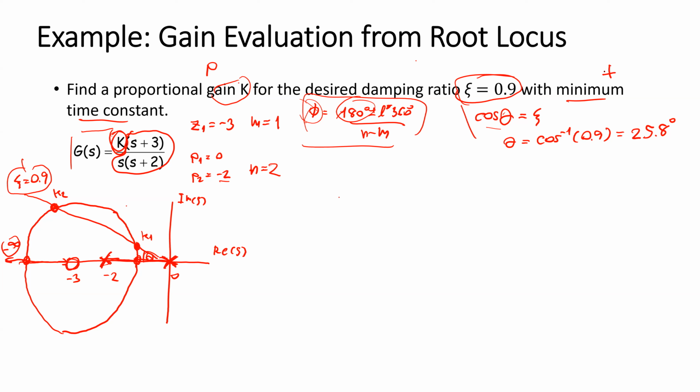But the second requirement is we want the minimum time constant. Minimum time constant means the system should be as fast as possible. If we have two solutions between K1 and K2, the value on the real plane is minus zeta omega n, and the value on the imaginary plane is j omega d.